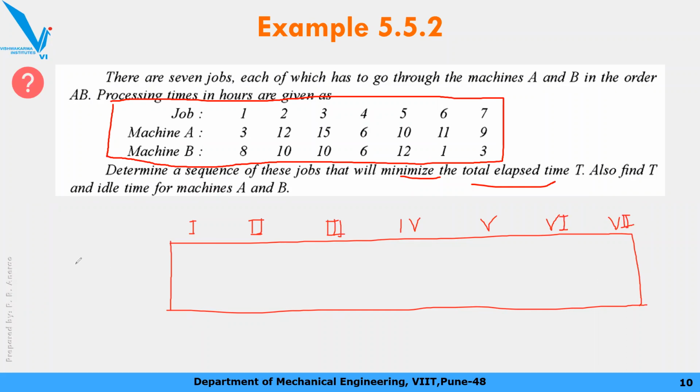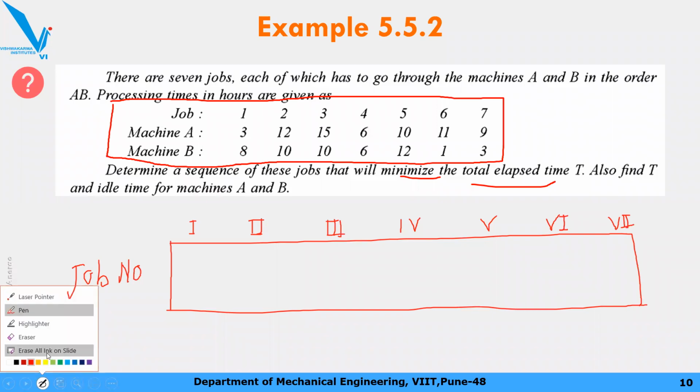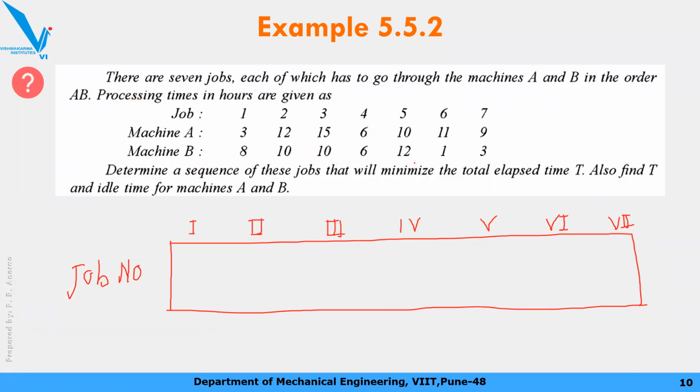Here we're going to put job numbers. So first thing, look at the least time. Look for the minimum time. Here it is 1, belongs to job number 6, but it is on machine B. So machine B means we go right to left.